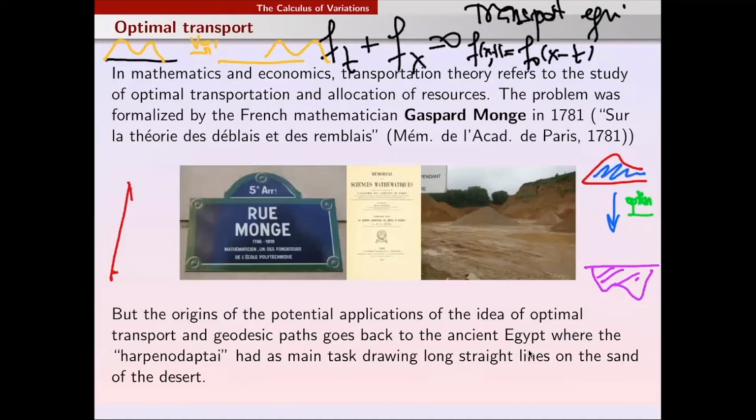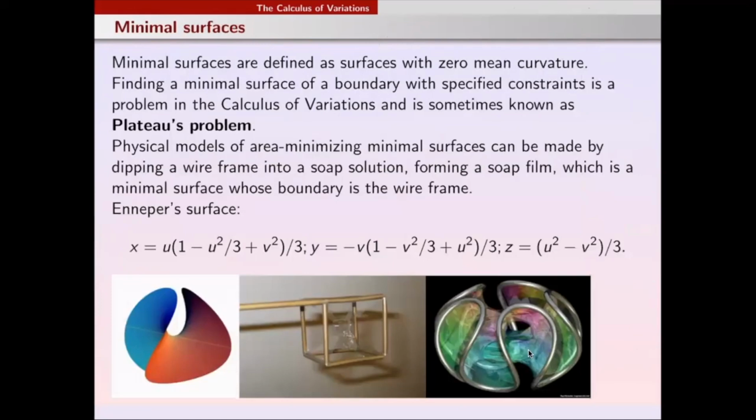So you see, of course, that the theory of optimal transport is not only a theory of optimality, but is intimately related to the theory of partial differential equations.